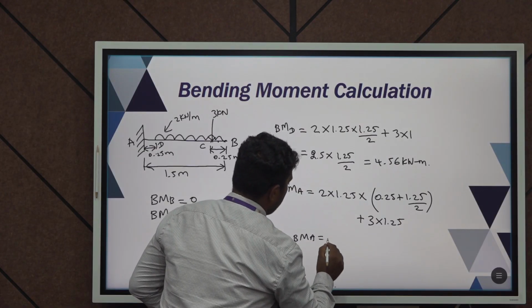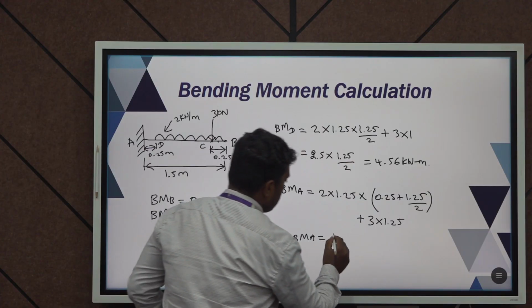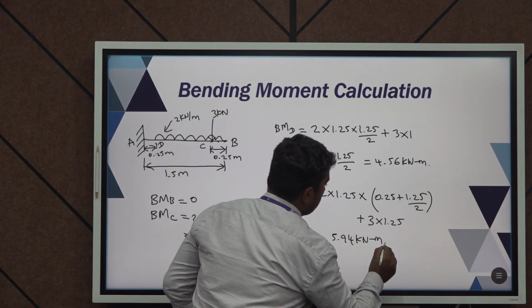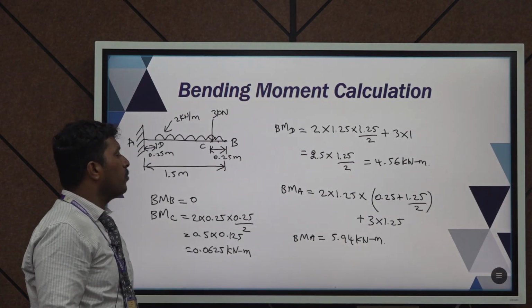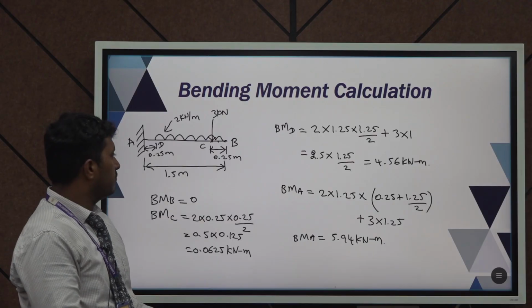Bending moment at point A is equal to 5.93 or approximately 5.94 kilonewton meter. These are the values for bending moment at point A, point D, point C and point B.